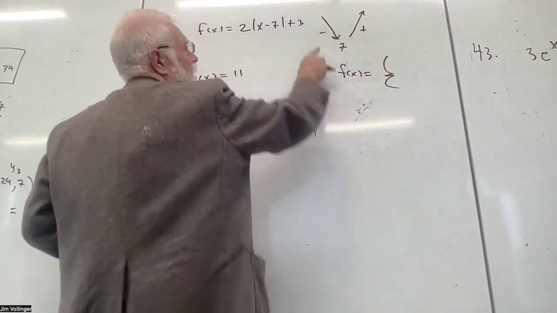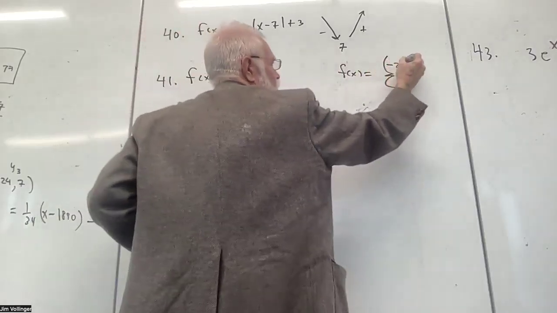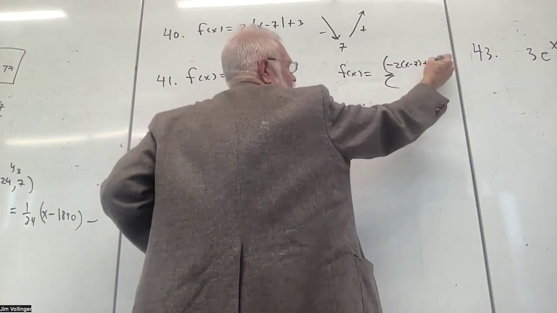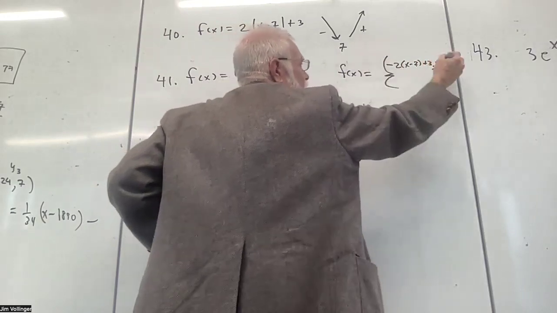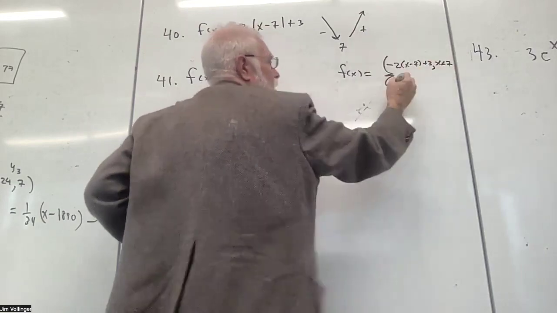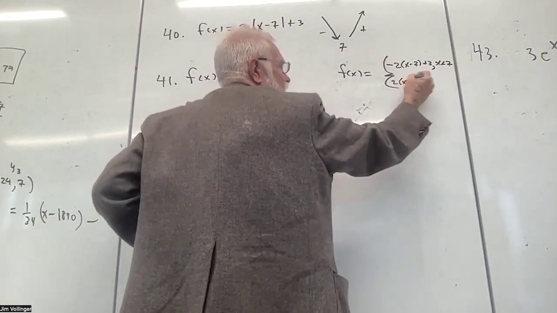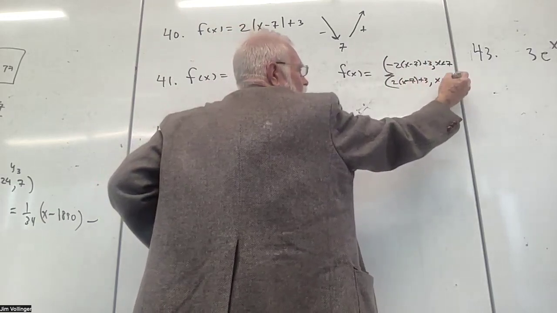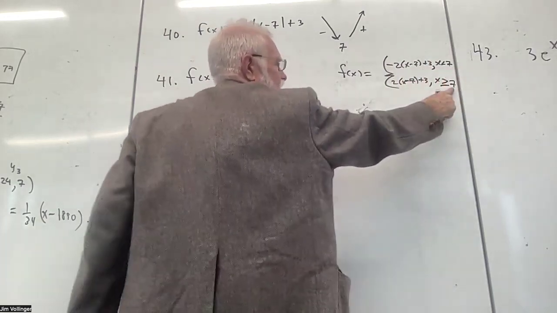And I've got negative slope, so minus 2. X minus 7 plus 3 is the left-hand branch, and that's when x's are less than 7. And I'm going up to x minus 7 plus 3 for x's greater than or equal to 7. Geez, I wish I could see that 7 more easily.